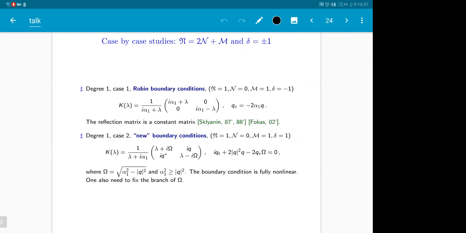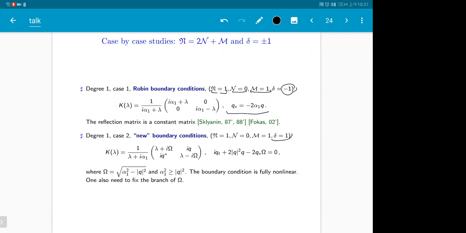If you have the degree 1, then you have m equals 1 and n equals 0, and you have two possibilities, the parity being -1 or +1. For -1, we recover the Robin boundary conditions, which were originally obtained by Sklyanin.